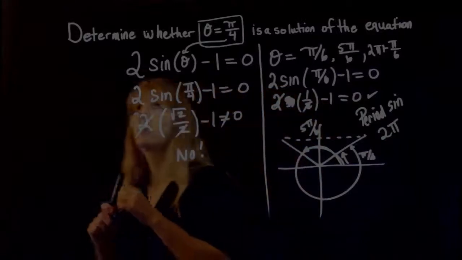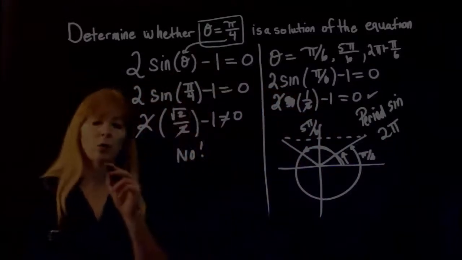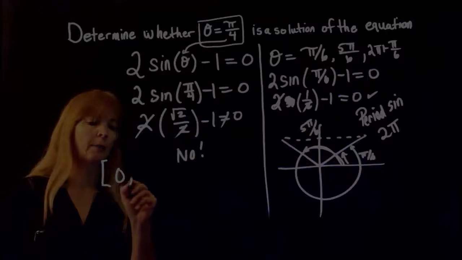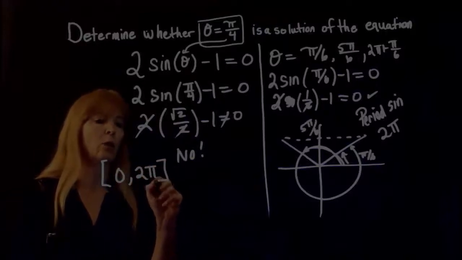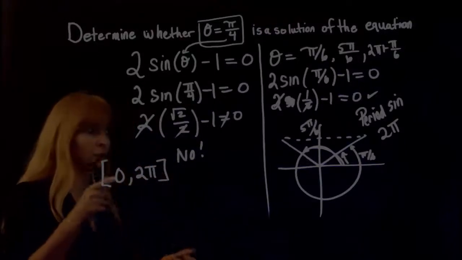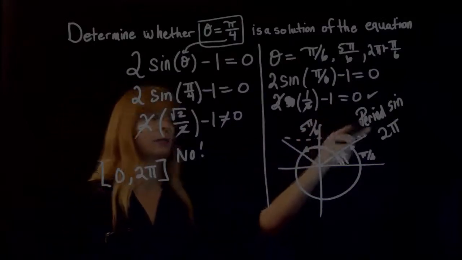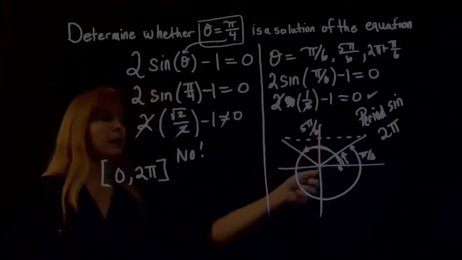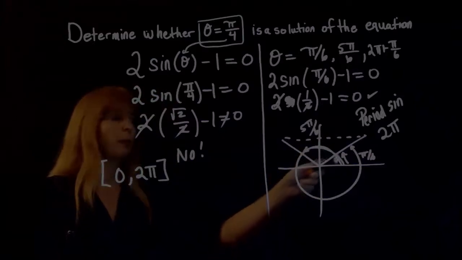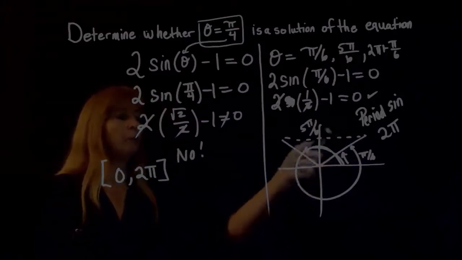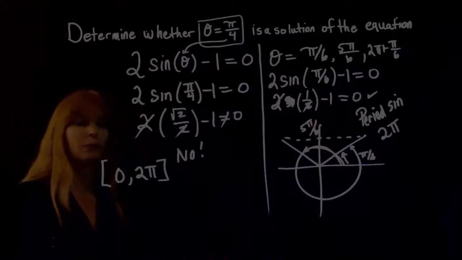So usually on a question like this, they will tell you within a particular interval, or they might ask you, give me 4 or 5 points, which you use the periodicity property that says I can go back around 2 pi, and I can even go 2 pi plus 5 pi over 6 and get another value.